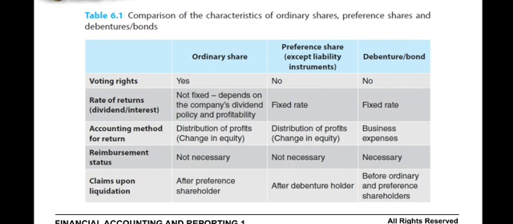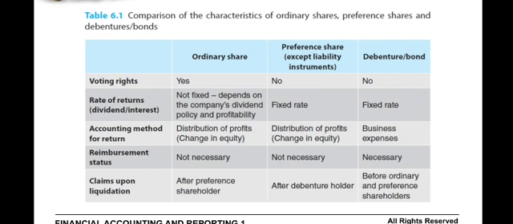And when the company pays the preference shareholder, the company also has to deduct from the profit of the company. But when the company pays interest to the bondholders, the company has to record it as an expense, because bondholders are like creditors. Bond is a liability.